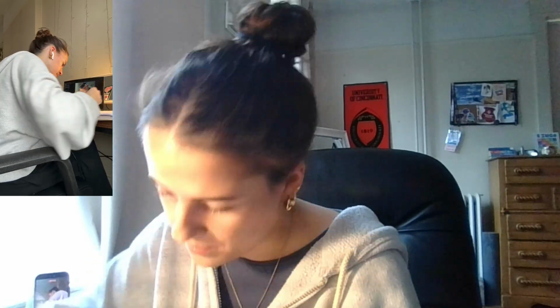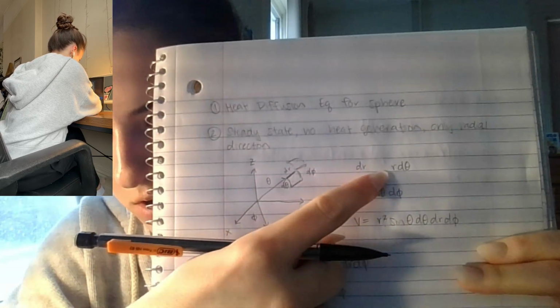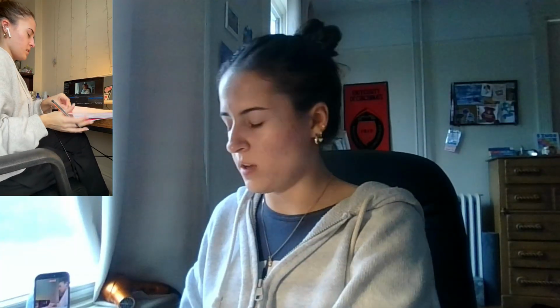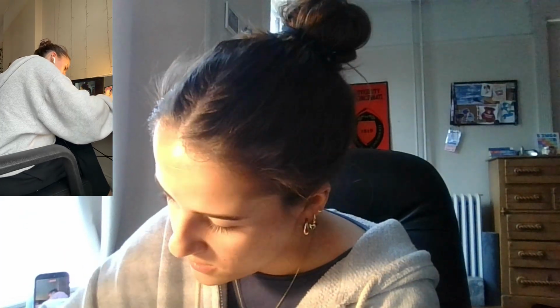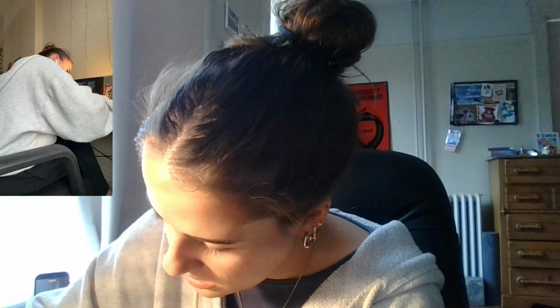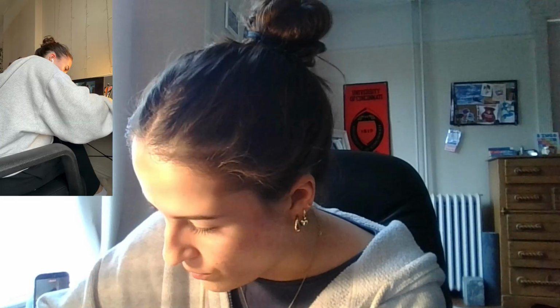Now for the phi direction, negative k once again remains the same. We look at our phi direction, and we'll just have dr d theta left, so dr, r d theta will become our cross-sectional area. r d theta dr is our cross-sectional area, and then dt over, and then once again we need to add the r sine theta onto the d phi in order to get that in correct units.